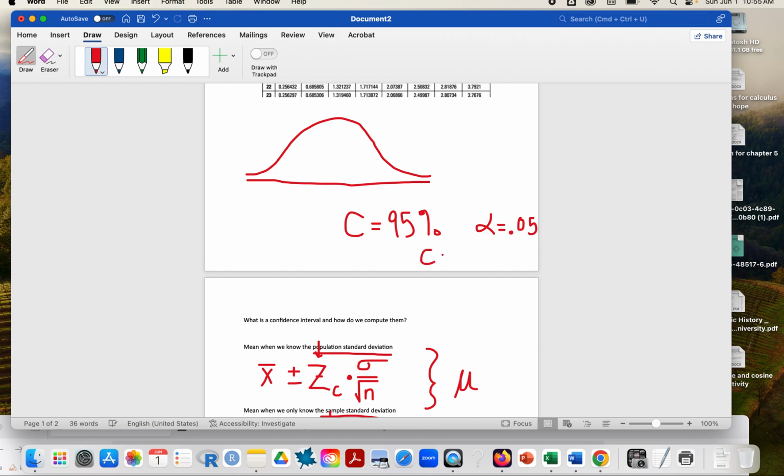And the thing that you can recognize is that the confidence level plus alpha is equal to 1 if it is a two-tailed test. If it's a one-tailed test, then it's the confidence level plus 2 alpha is equal to 1, okay? You can ask about that if you want to. It will become more apparent as we do hypothesis testing. So let me just clean this bit up here, and we'll get there.